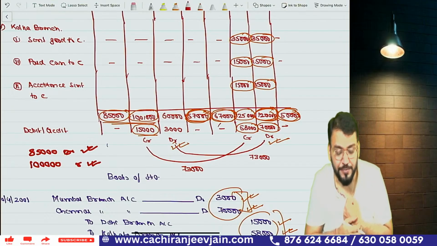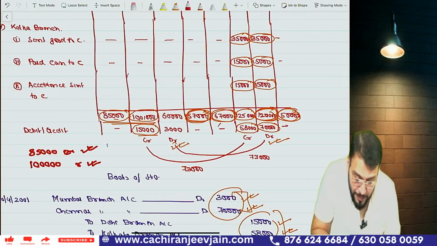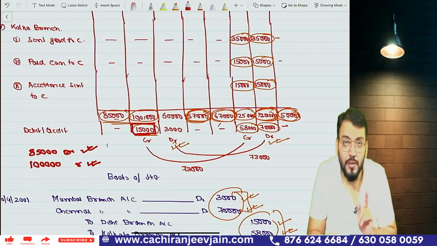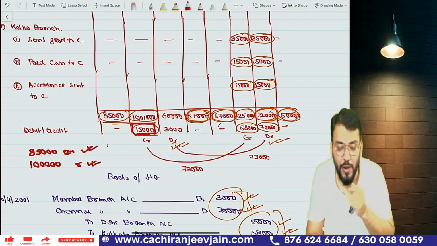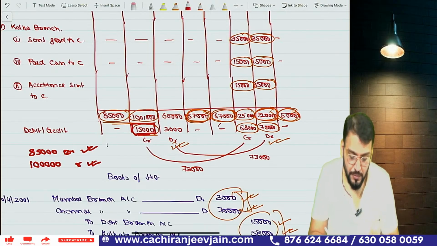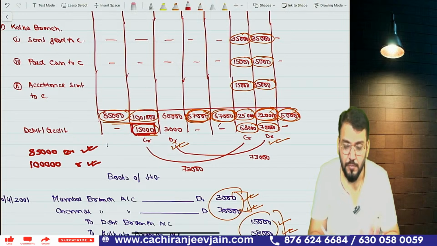Have you understood this point? Have you understood why we are crediting 15,000 to Delhi branch in the head office books? Bolo.